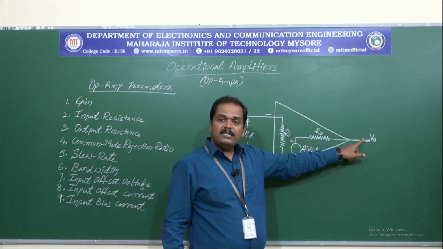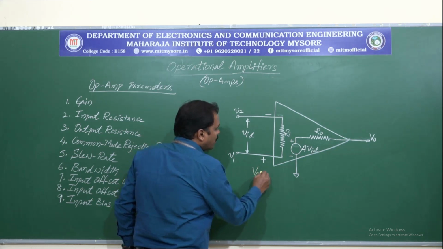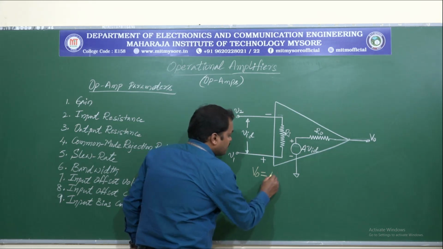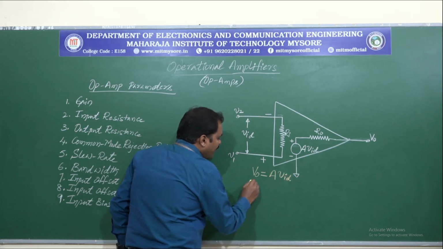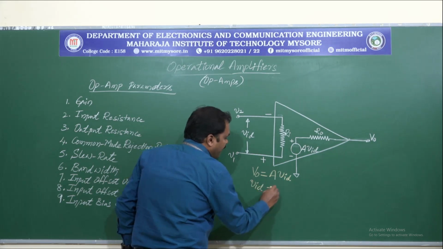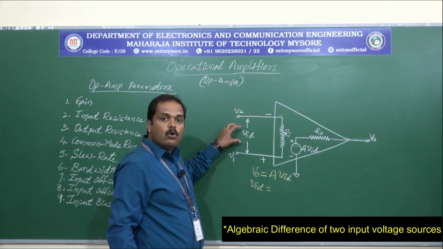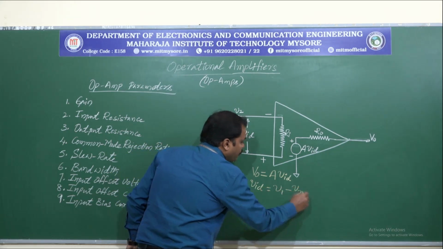V0 is the output voltage, and it is given by the Thevenin's voltage source, that is A into VID, where VID is the algebraic sum of the input voltage sources, that is V1 minus V2.